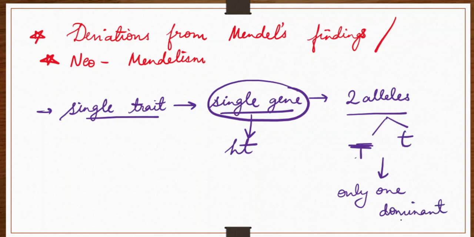This is what Mendel told. And he also told that there will be independent assortment. These were the points which Mendel told, which we had already studied. But what happened, there are some deviations.